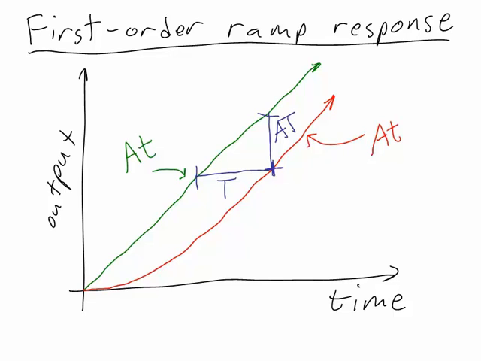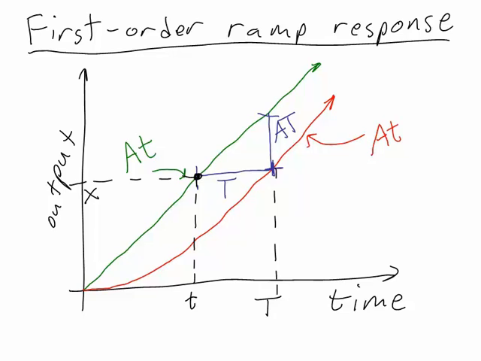Another way of saying this is to say that the output is delayed from the input by a time equal to the system time constant. In other words, if the input has a value of x at time t, we know that the output will reach that same value at a time, capital T, the time constant, seconds later than the input.